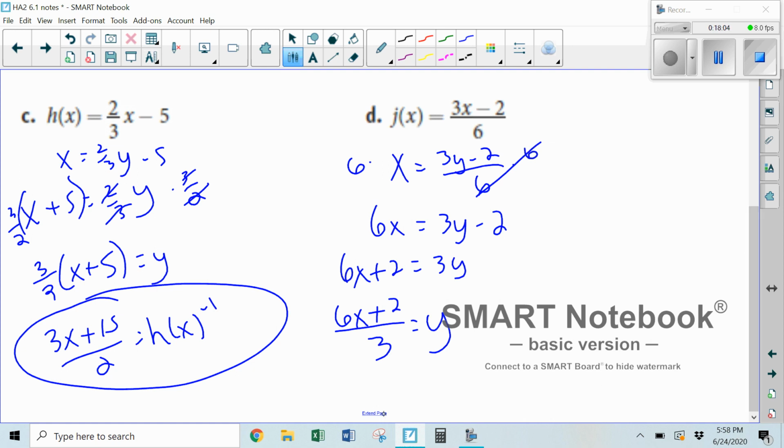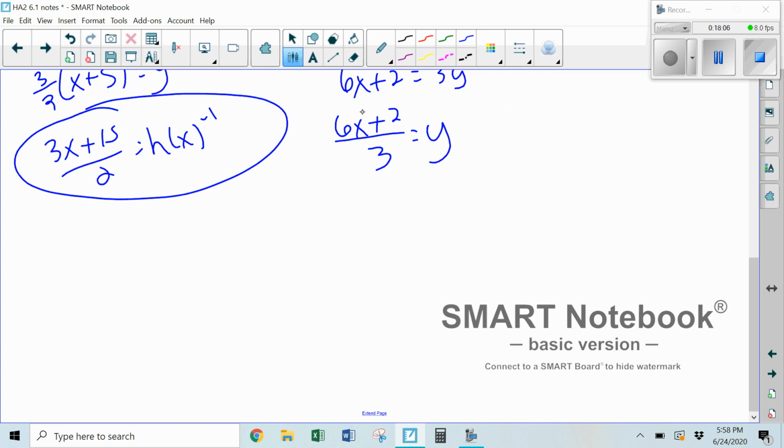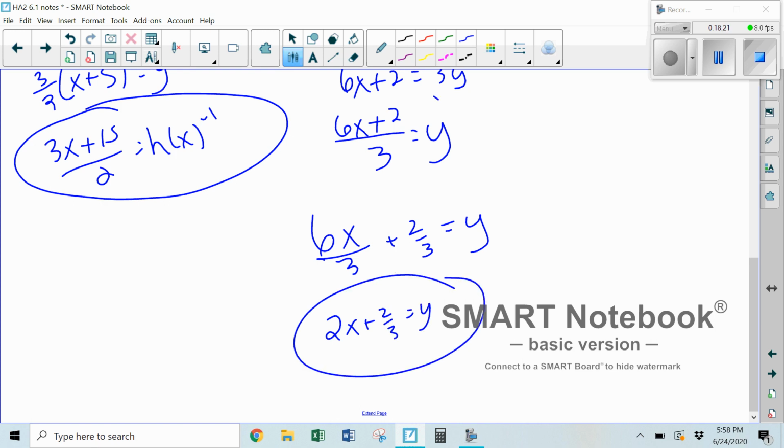Again, there's a couple ways you could leave your answer here. You could leave it like this, or because they're both divided by 3, 6 divided by 3 is 2x. So this or this, but then don't forget to change it from y back to inverse.